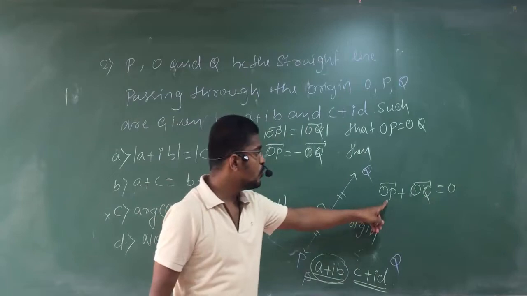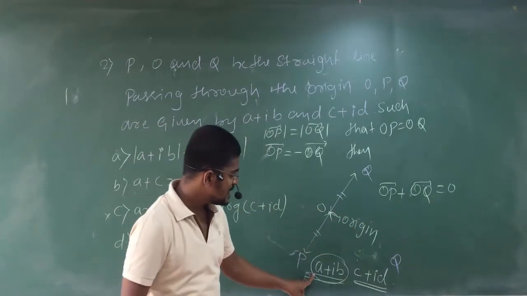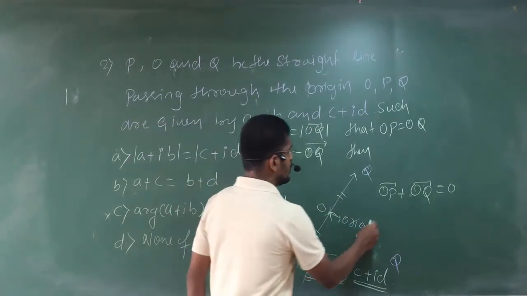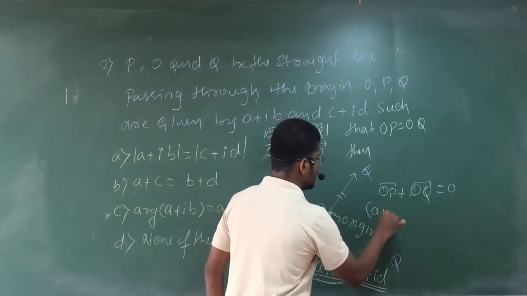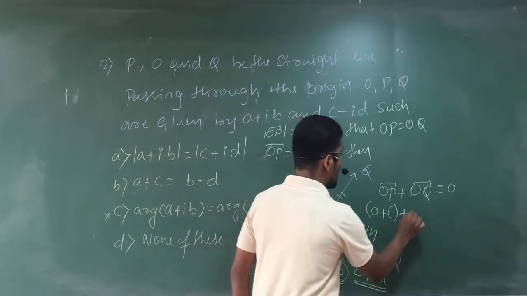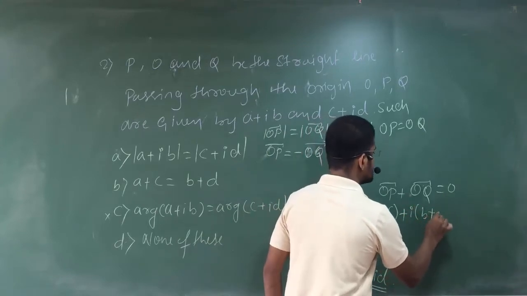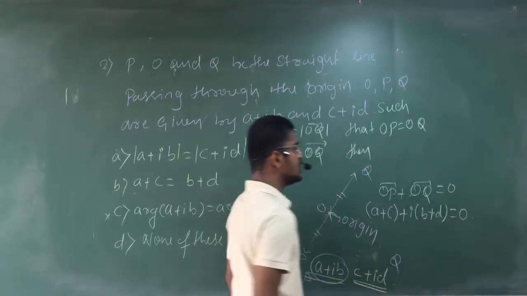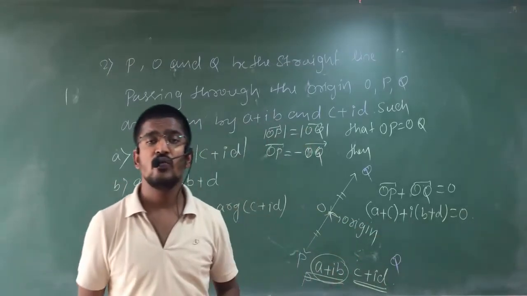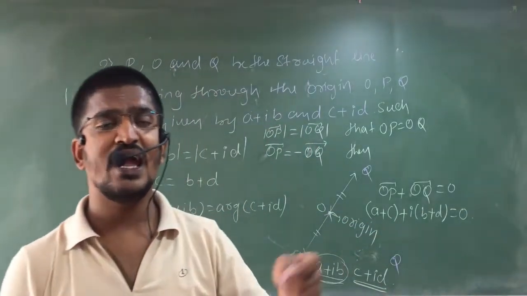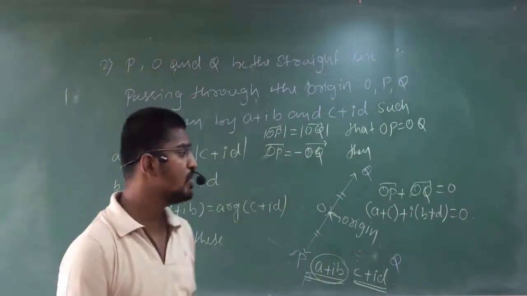So what is OP vector? OP vector is A plus IB, and OQ is C plus ID. If I add those two, A plus C plus I times B plus D will be equal to 0. That means a complex number is 0 whenever the real part and the imaginary part are both equal to 0.